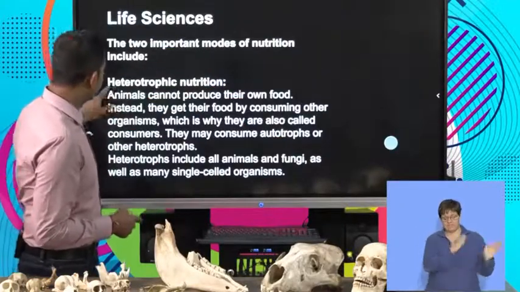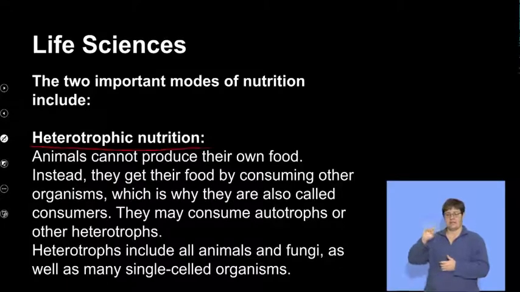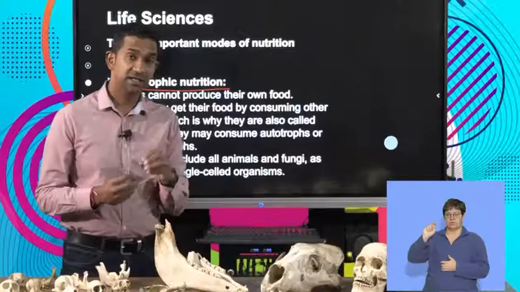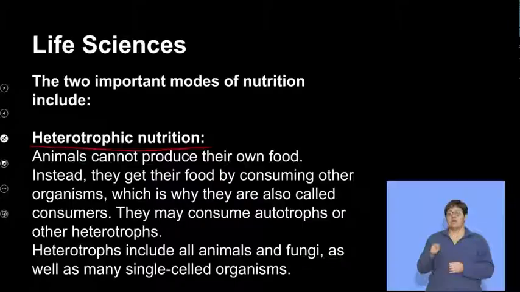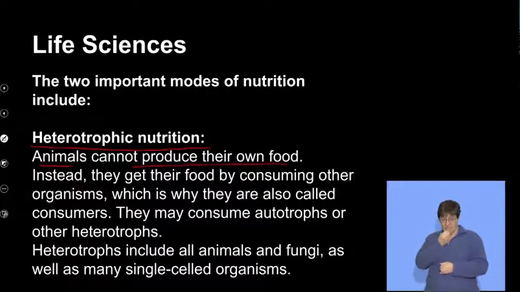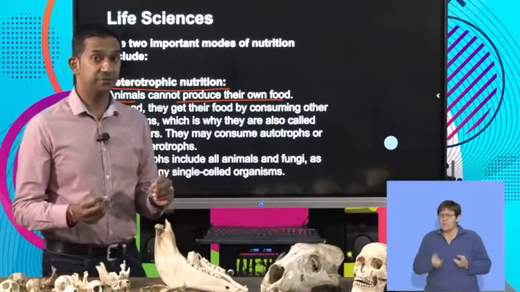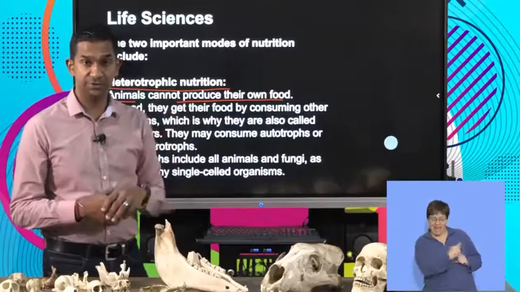The next mode is your heterotrophic nutrition. Guys, the word heterotrophic comes from heterotrophs. Okay, so animals cannot produce their own food, so we refer to them as heterotrophs. How do they get their food? So they obviously consume other producers.